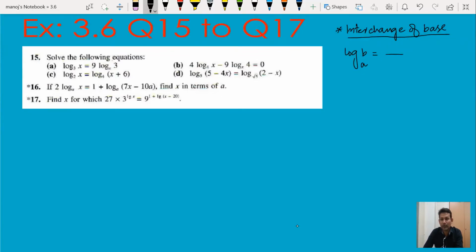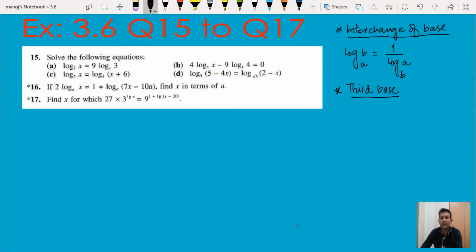So what do you have to write? 1 upon log B will become the base and A will come here. This is the interchange of base. The second rule in change of base law is we write the third base. This is the rule I made for my students.